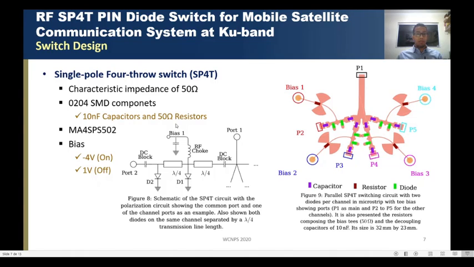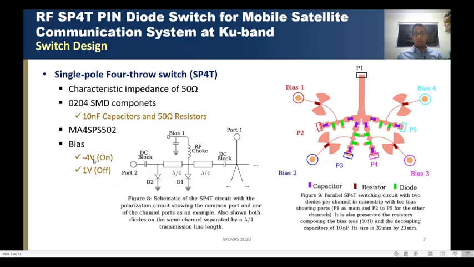And well, here we have the single pole 4-throw switch, the SP4T itself. It was made with a characteristic impedance of 50 ohms with SMD components, capacitors and resistors, with the diode that we just presented, and the biasing.